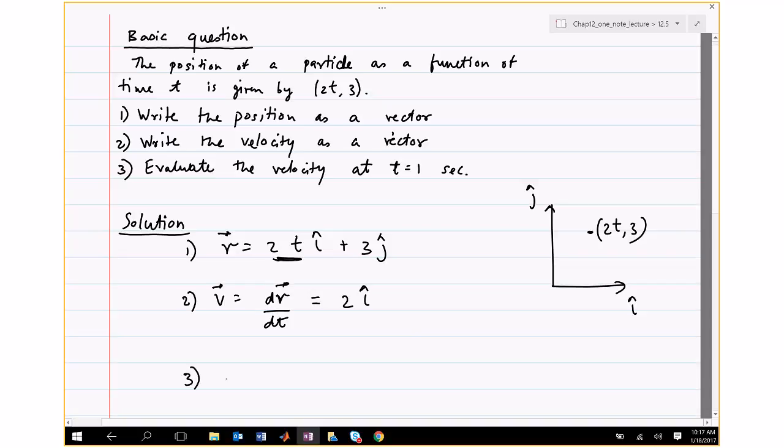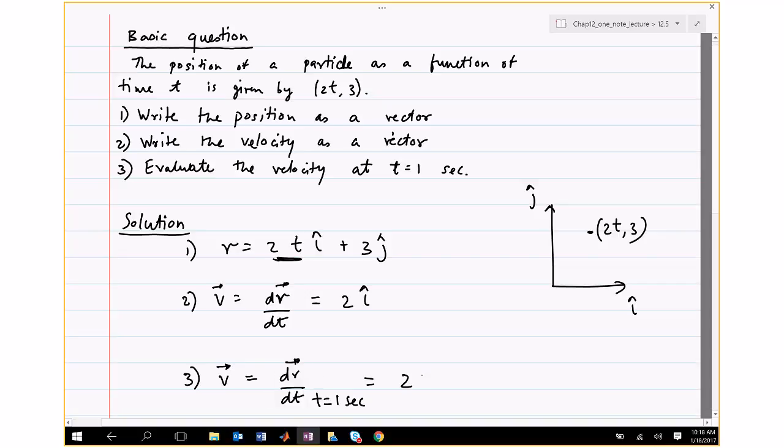And what's the velocity at time t equals 1 second? What you need to do is take this expression and put time t equals 1, but there's no time t there, which means that the velocity is constant too. My bad, this should not be the magnitude.